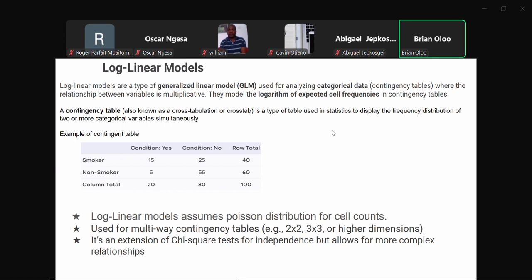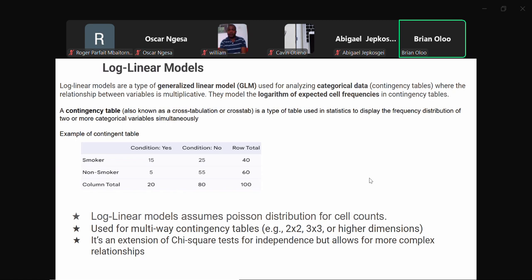Our rows contain entries of smokers and non-smokers, and the columns contain the entries of condition 1 if yes and condition 2 if no. So the values inside here, for example, 15, show that a person is a smoker and the condition is yes.